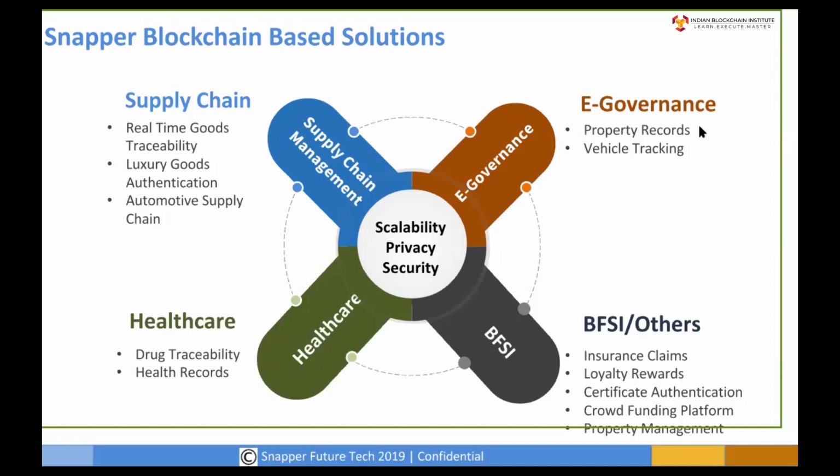In e-governance, we have property records, that is property management and tracking the ownership of property. Then we have our POCs on drug traceability and health records, and we are also working on insurance claims. That is why you will see how Corda is important for insurance and other financial use cases.